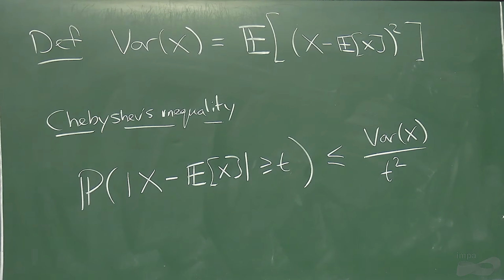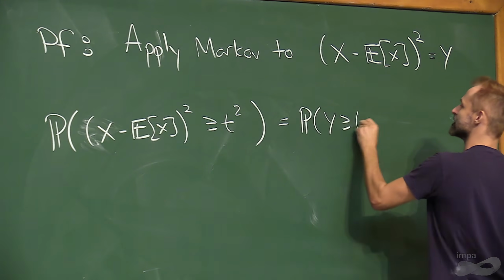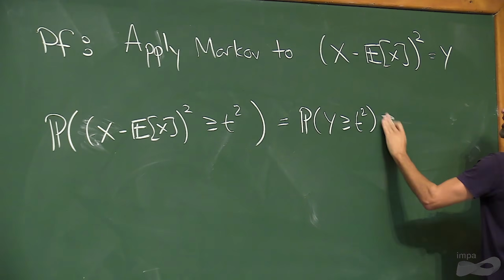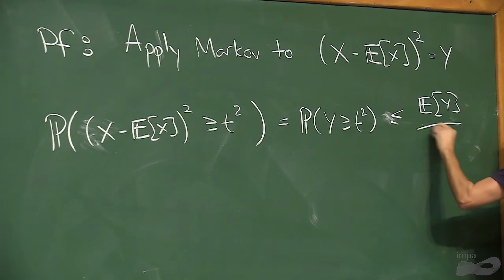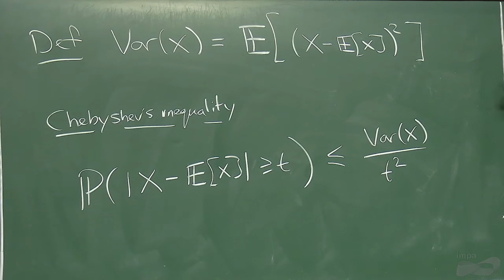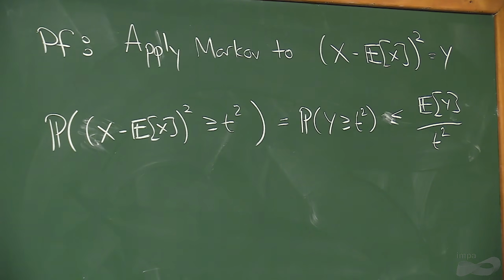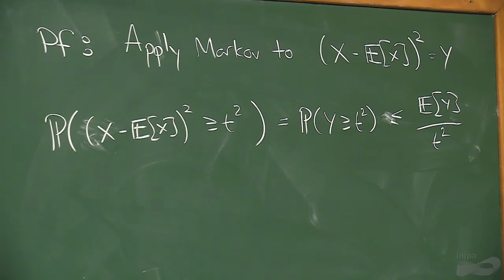Just square both sides, equals the probability that y is at least t squared, which is at most, by Markov, the expectation of y over t squared. And the expectation of y is exactly the variance of x. Good. Okay, so this was extremely simple. The proof of Markov was here, and the proof of Chebyshev is just apply Markov.